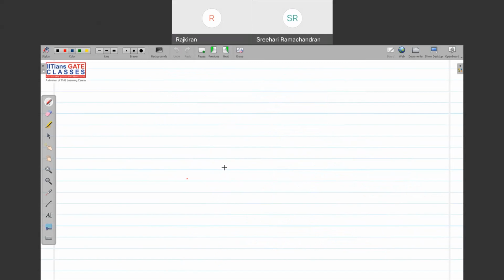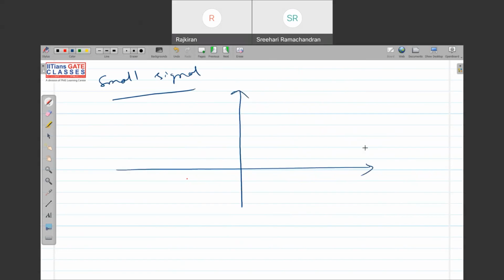One more thing before I wind up this diode chapter: there are 20 minutes left, so I will take two things. One thing is what is a small signal model. You know the diode: this is my VD, this is my ID, which is exponential.